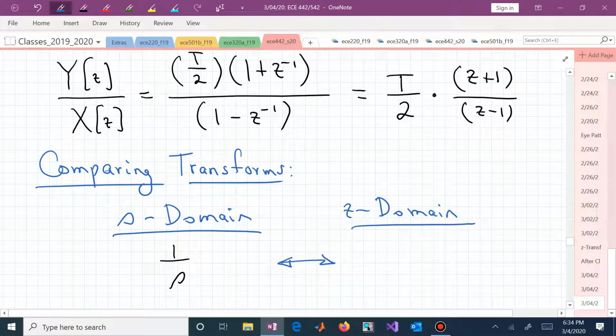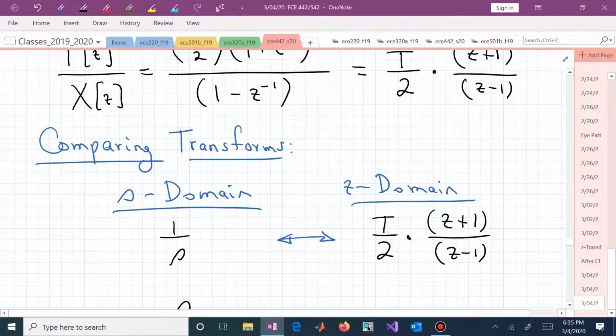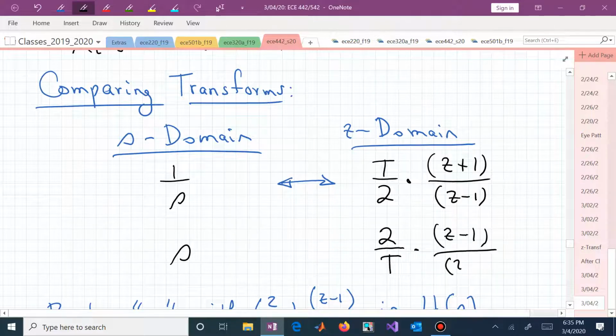Now we compare an integration operation, which in the S domain is 1 over S, with this one, which is capital T over 2, z plus 1 over z minus 1. Or, inverting that, we now can say that's 2 over T, z minus 1 over z plus 1.